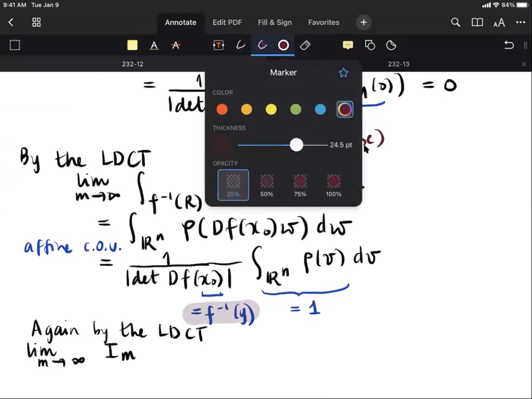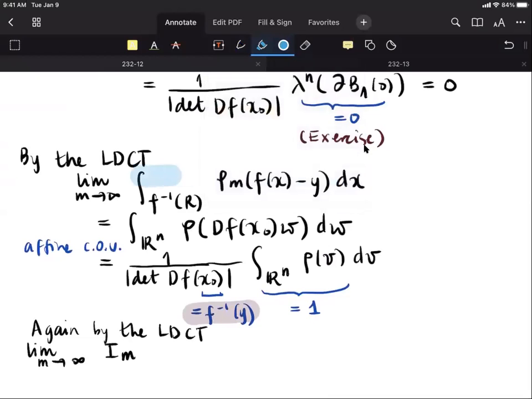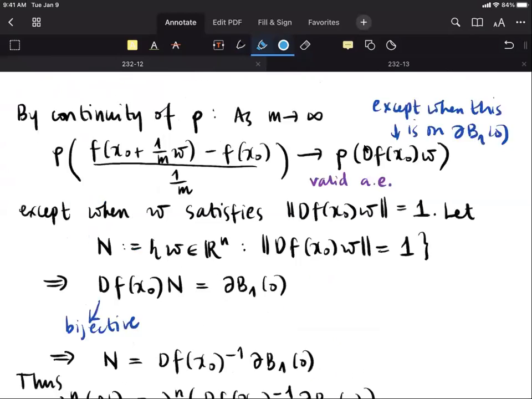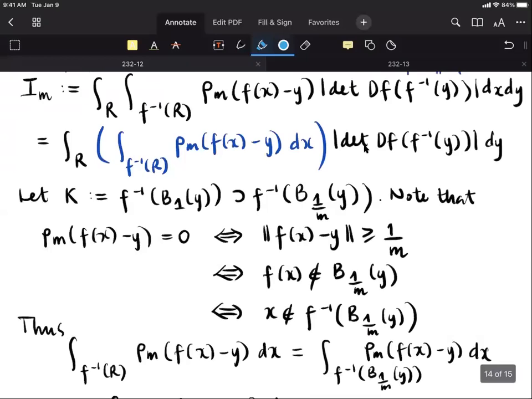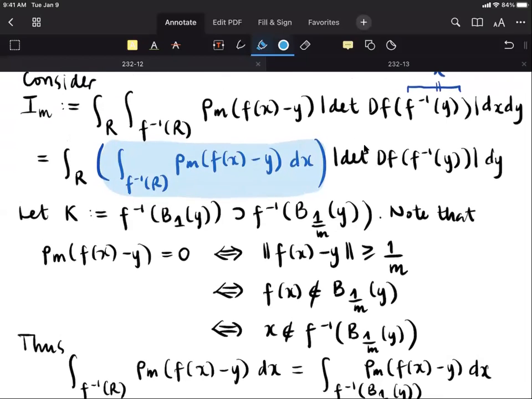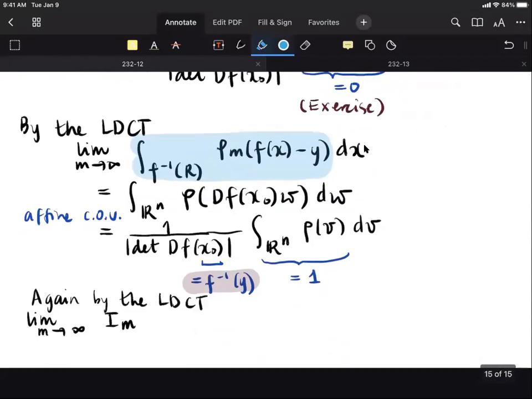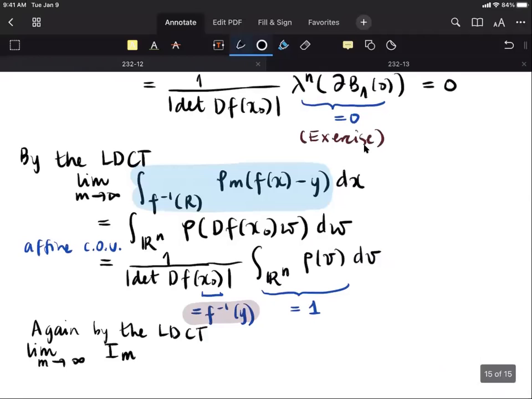So let us highlight this integral here. This is the inner integral here. Taking the limit and applying the Lebesgue-dominated convergence theorem, we perform this limit and then multiply this one. And that will be the following.